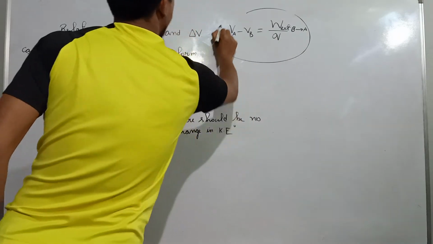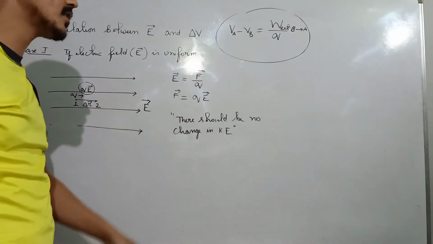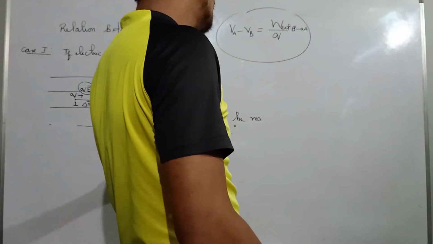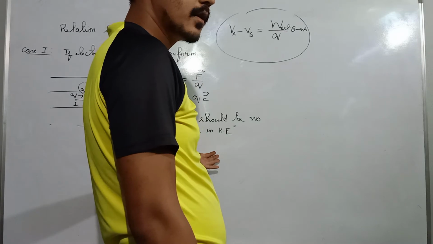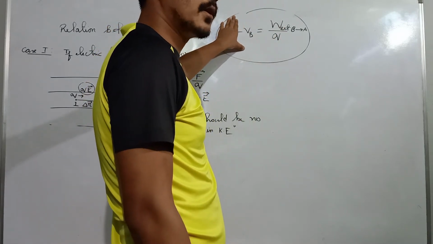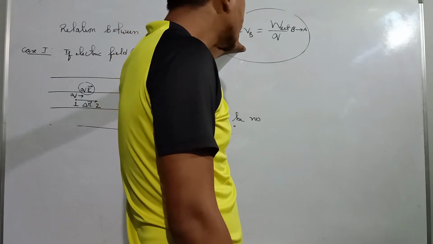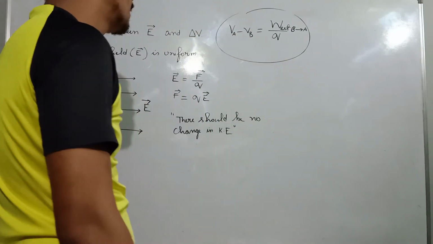Only then this expression will be correct. Otherwise, if there is change in kinetic energy, some work done will be invested on this kinetic energy. So the whole of the work done cannot be converted to potential energy, and hence, electric potential energy. And hence, this expression would become wrong.